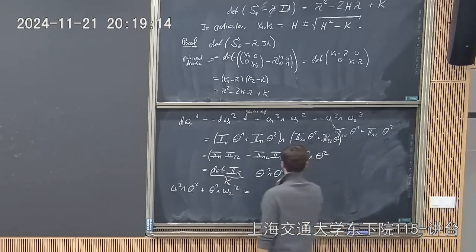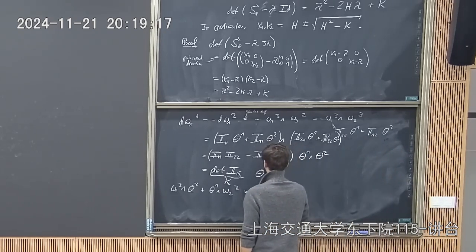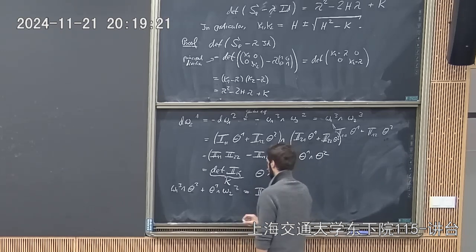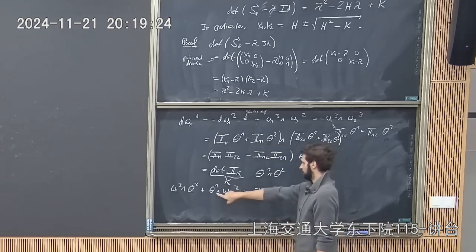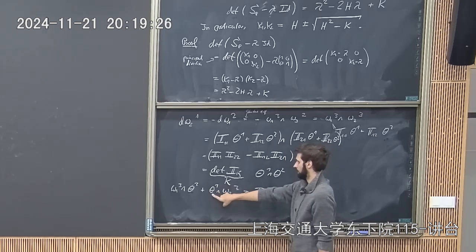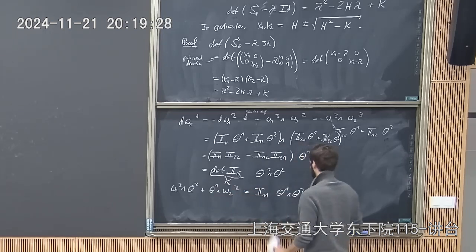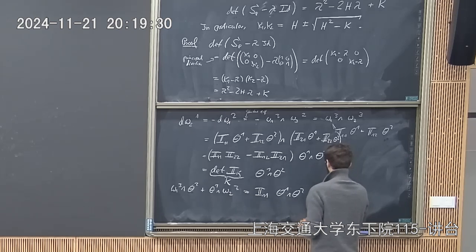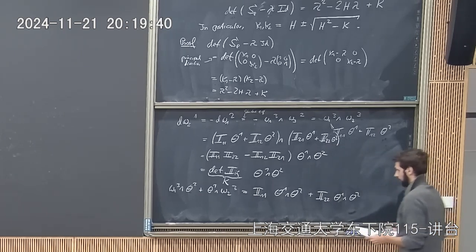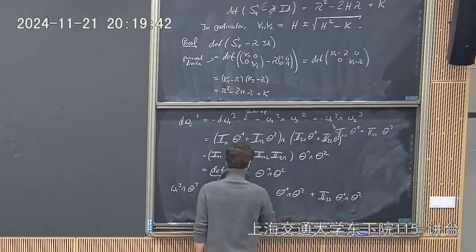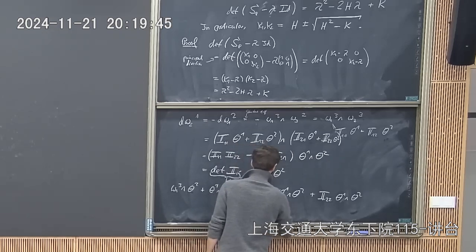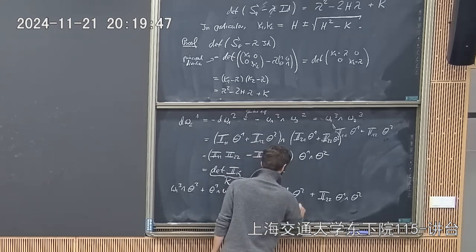So what we end up with is theta 1 with theta 2, and similarly the only term that survives the wedge product with theta 1 in the second term is given by theta 2. And now you collect these terms and you see that it's 2 times the mean curvature.